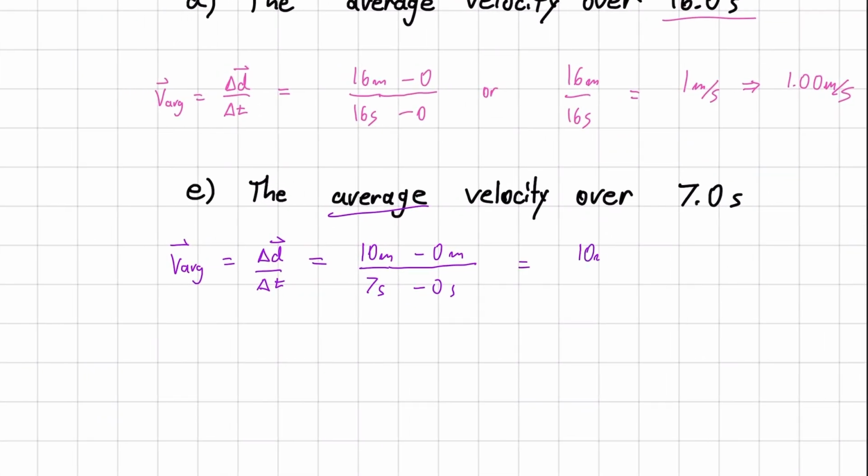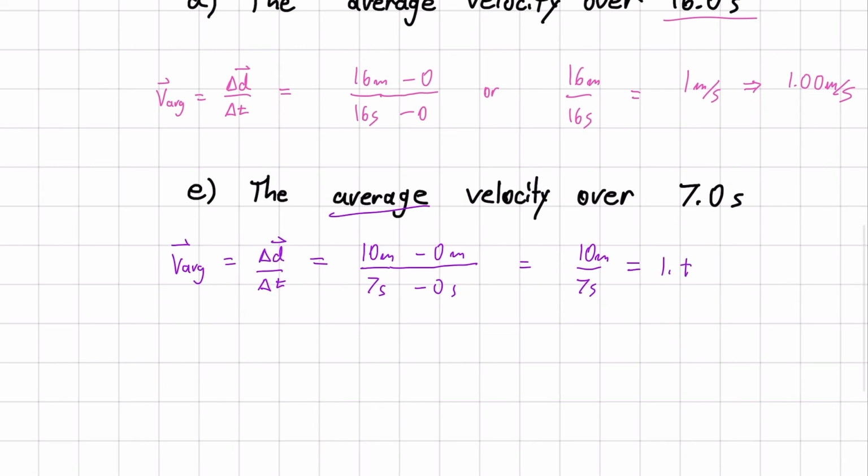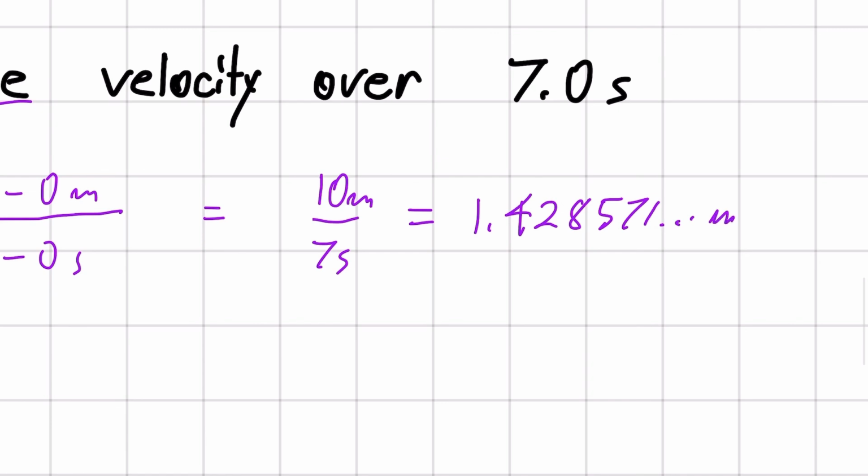So this is 10 meters per 7 seconds, which is equal to 1.42857 meters per second. But we just want 2 significant digits, so our final answer will be 1.4 meters per second.